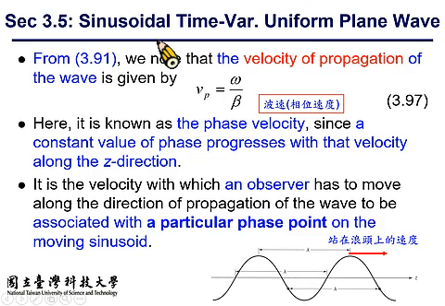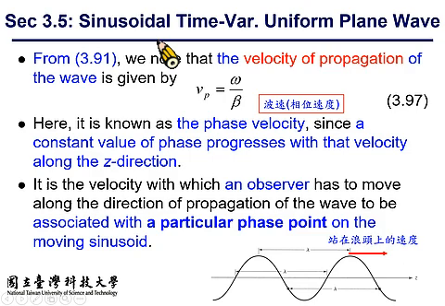Then this becomes f times lambda, which is the more conventional or more common representation for the propagation speed: V equals the product of frequency and wavelength, V equals f times lambda.